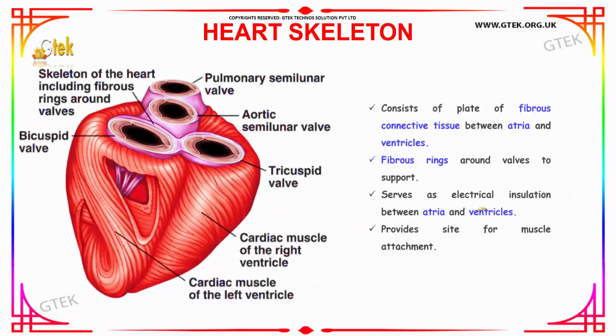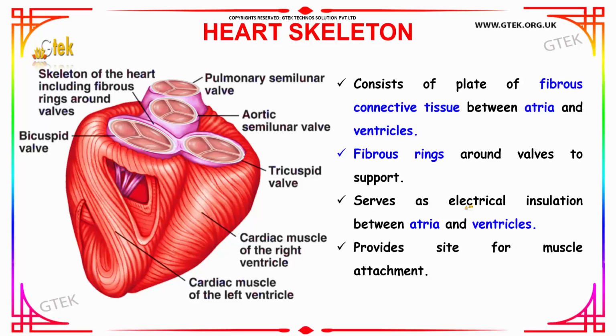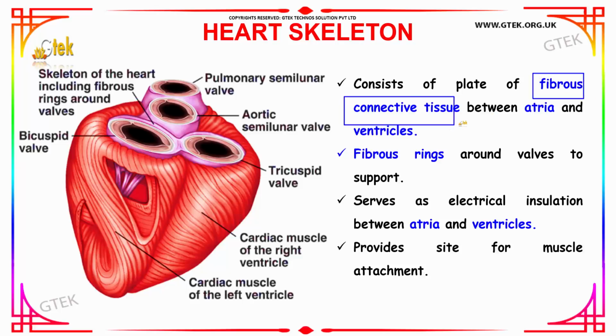Next we are going to see the heart skeleton. Your heart skeleton consists of a plate of fibrous connective tissue between the atria and the ventricles.